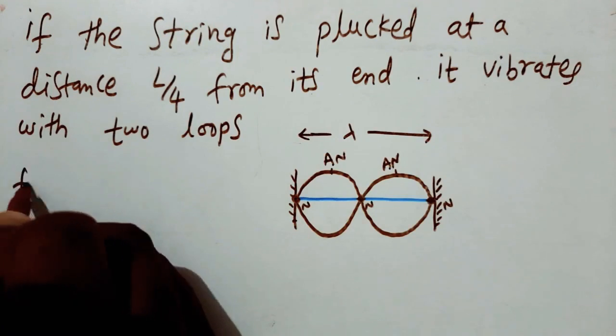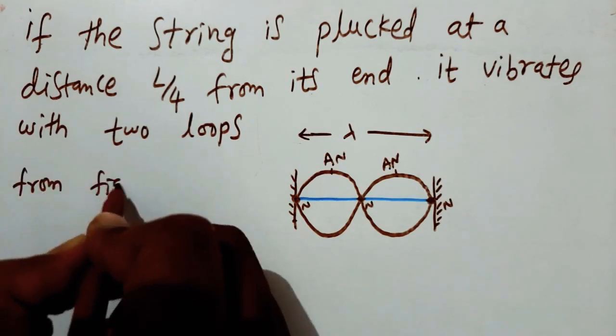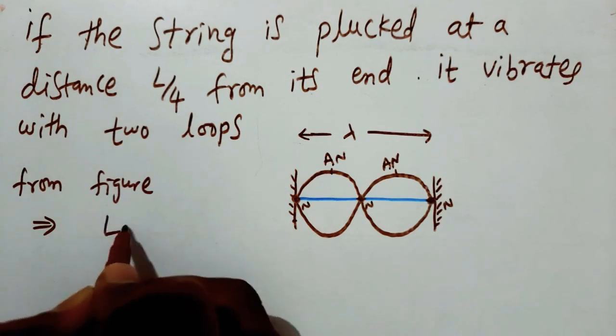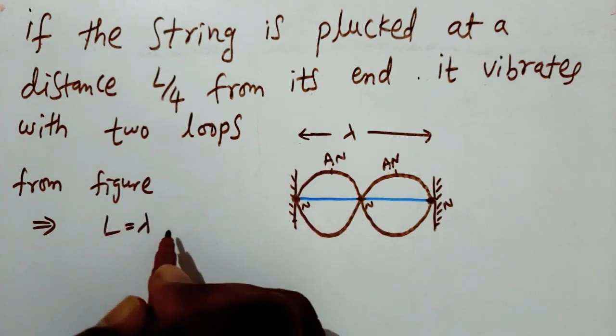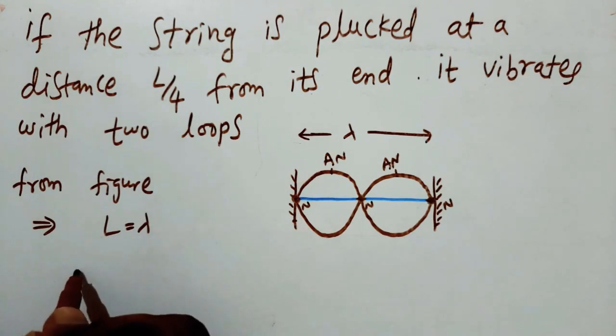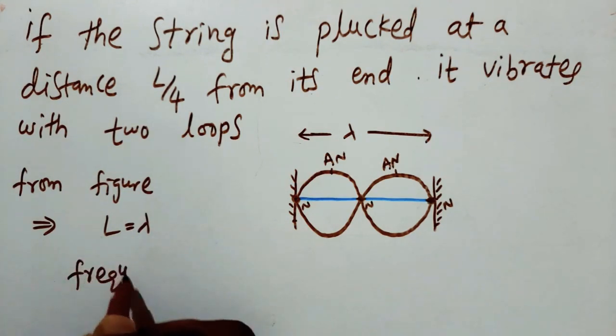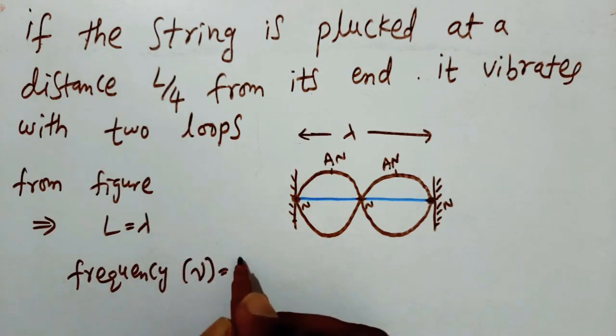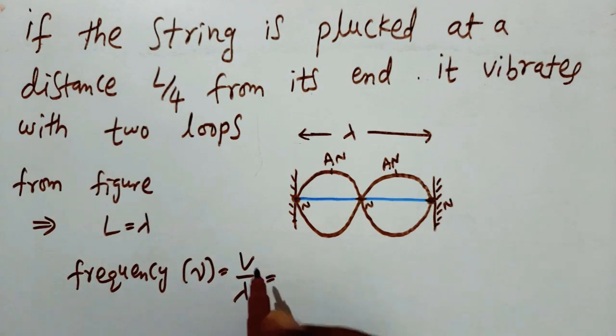From the figure we can write the length of the string L is equal to lambda. We know that frequency nu is equal to V by lambda.